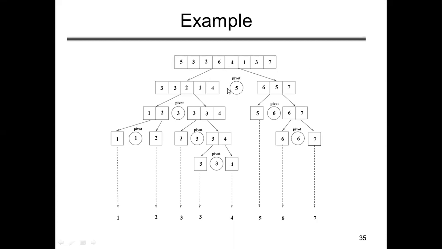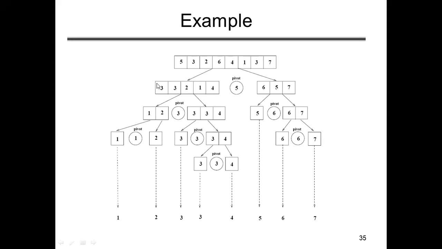Again, here the pivot is 5. So we are dividing this array into two subarrays such that the left subarray should be less than 5 and the right subarray is greater than or equal to 5. Check the elements in the left subarray and in the right subarray. Left subarray elements are always less than 5 and right subarray elements are greater than or equal to 5.